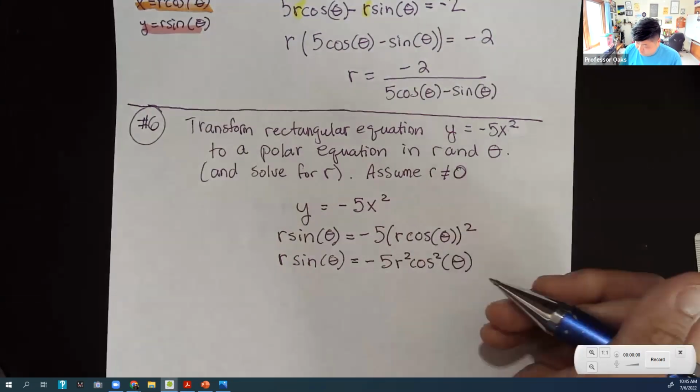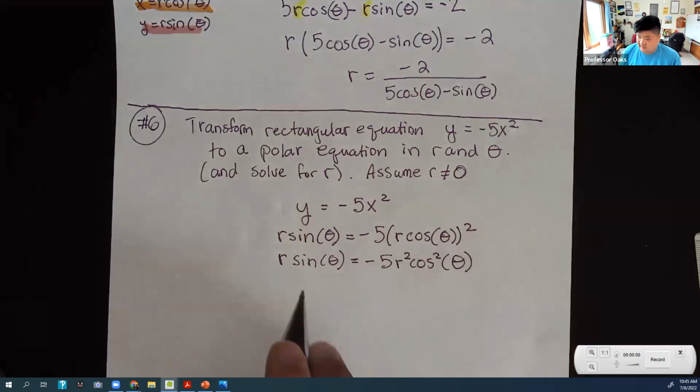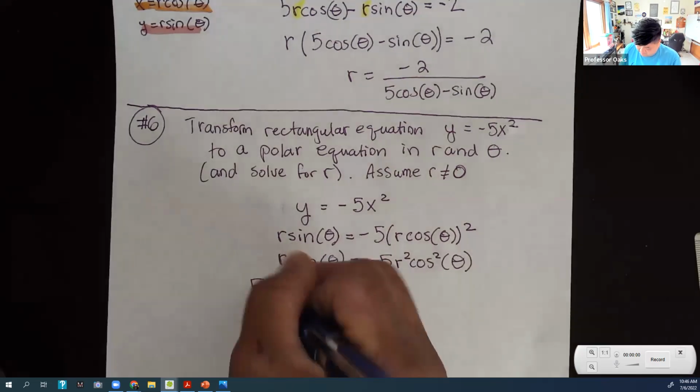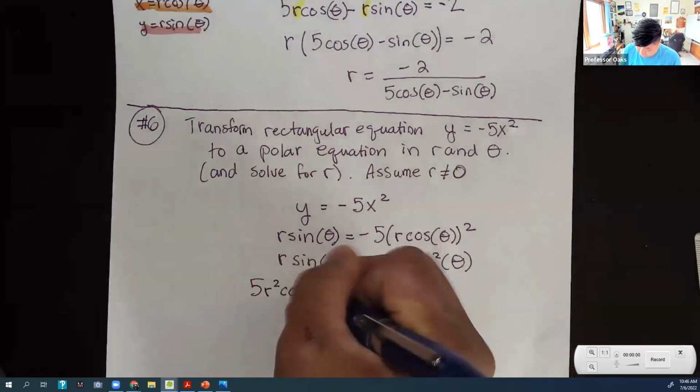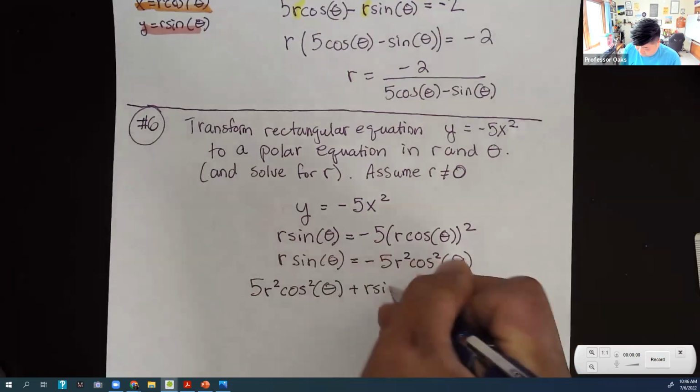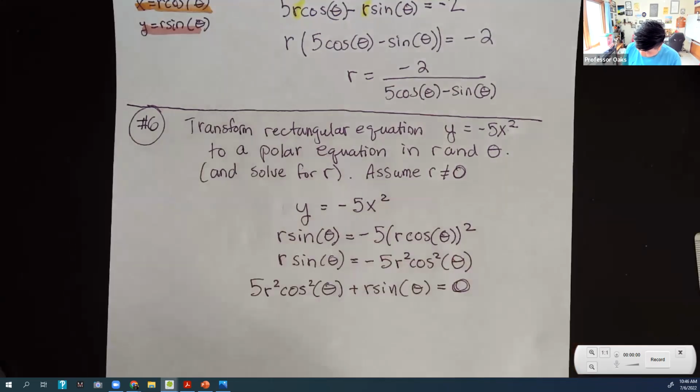Normally you would have to set it equal to 0 and have 5r squared cosine squared theta plus r sine of theta equals 0, and then factor out the r.